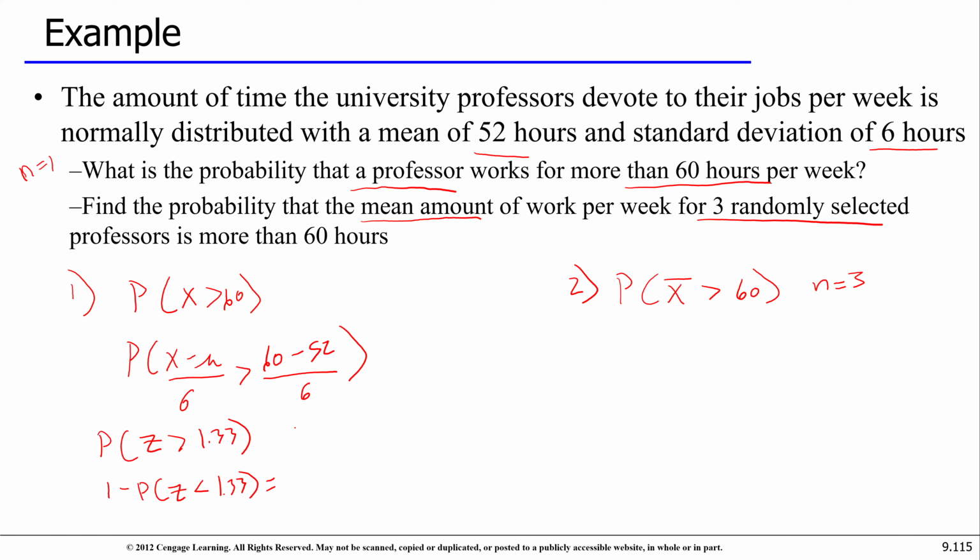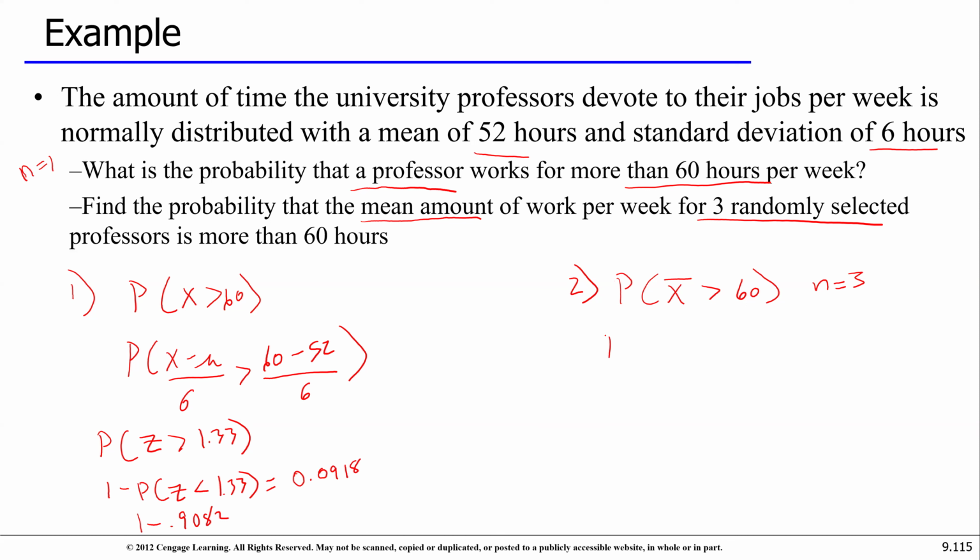And then our answer is going to be 0.0918. So if I look this up on the table, it's 0.9082. And then you can add context. So the probability that a professor works more than 60 hours per week is roughly 9%.